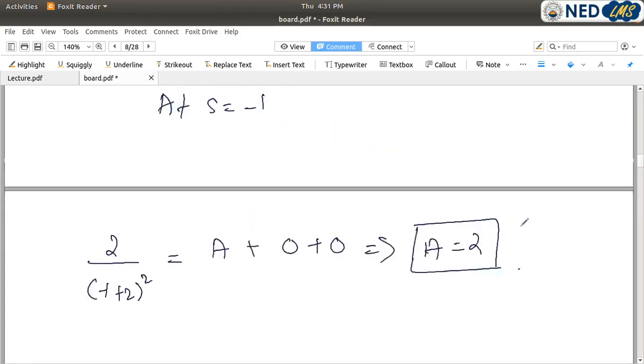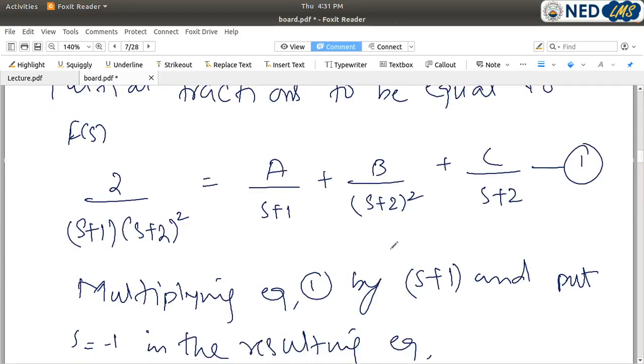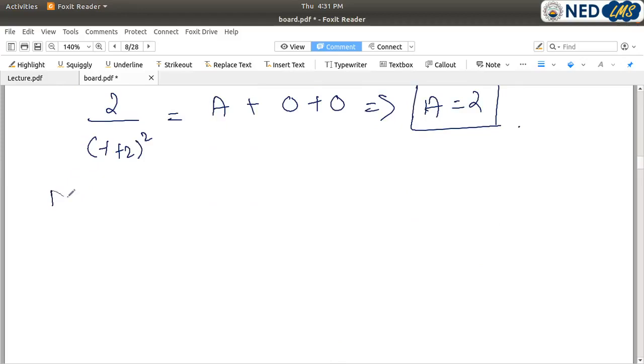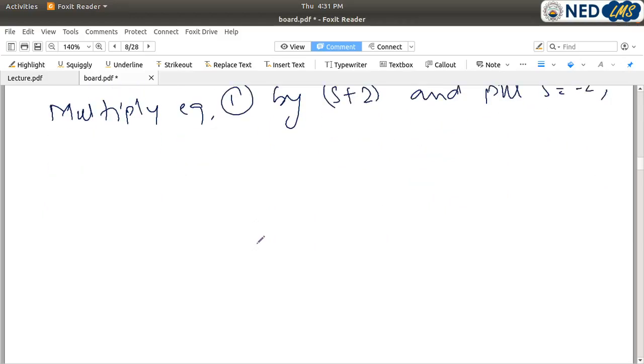Now for evaluating the factor B, we will apply the same method. Multiply this equation by s plus 2 whole square and put s equal to minus 2 in the resulting equation. So multiply equation 1 by s plus 2 whole square and put s equal to minus 2 in the resulting equation.